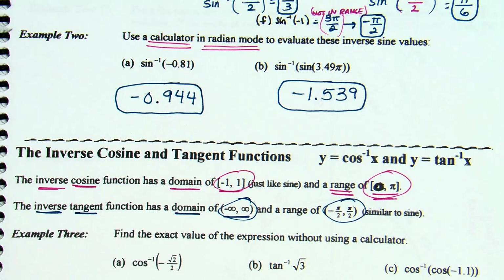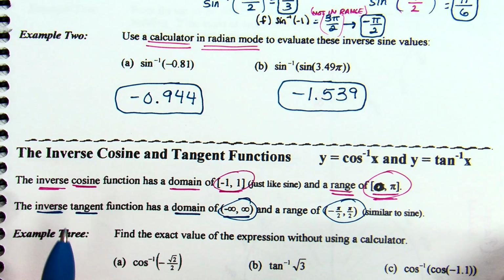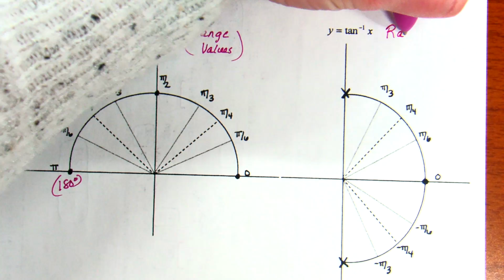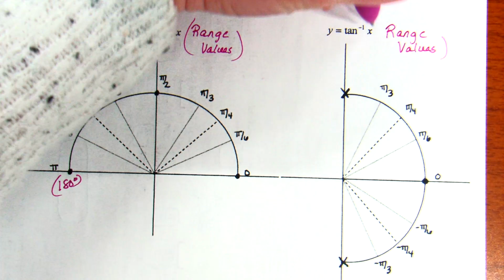Notice it's -π/2 to +π/2, which is similar to sine. What's different? Yeah, when we talked about the range of sine, it was -π/2 to +π/2 inclusive, where the π/2s were included in those and could be values. With tangent, those values are excluded. And so when you flip back here to our visual, again, as a reminder, these are the range values for inverse tangent.